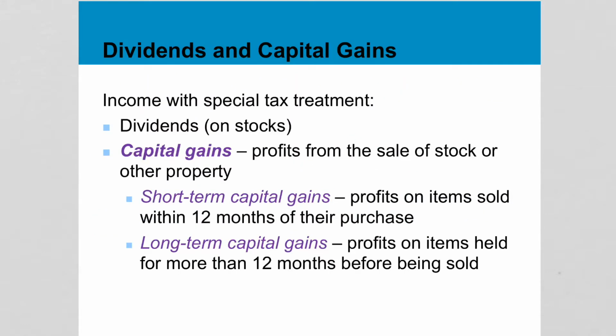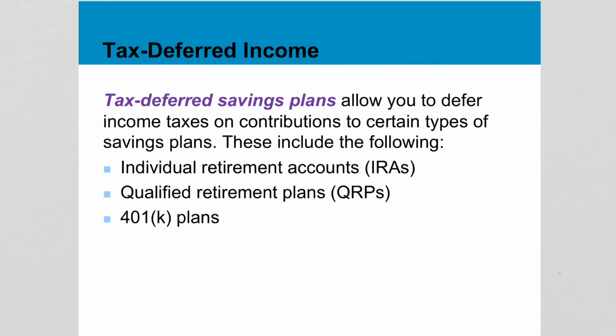Dividends. These things have special tax treatment. Dividends on stocks, capital gains, profits from the sale of stock or other property. Short-term capital gains are profits on items sold within 12 months of their purchase, and long-term would be more. Tax-deferred income. Tax-deferred saving plans allow you to defer income taxes on contributions to certain types of saving plans.